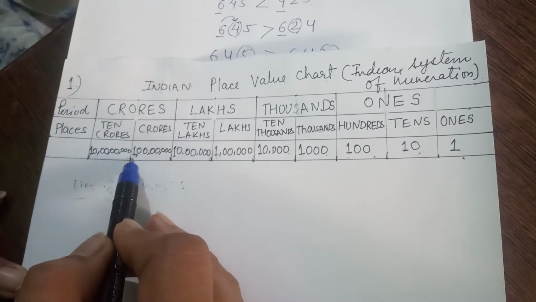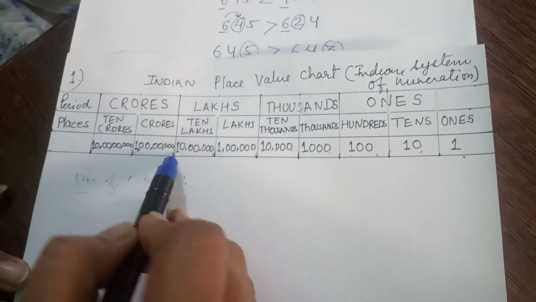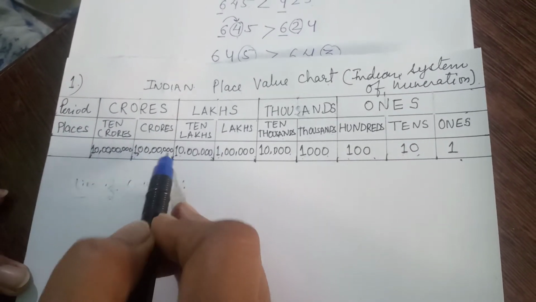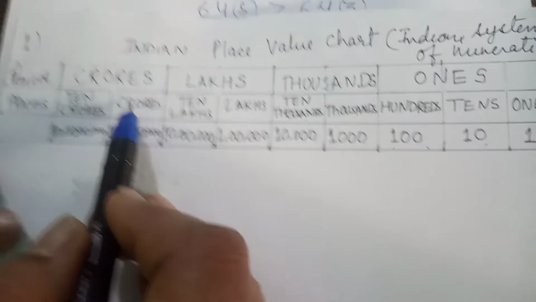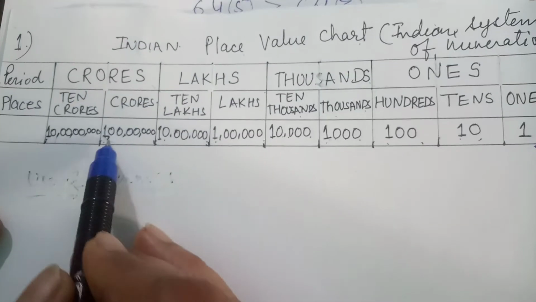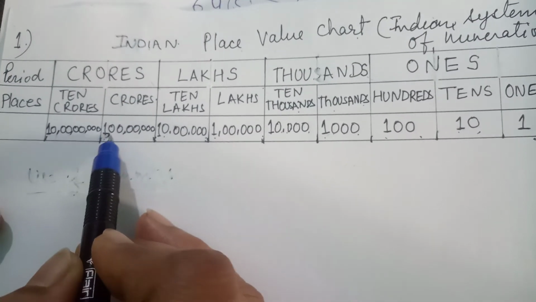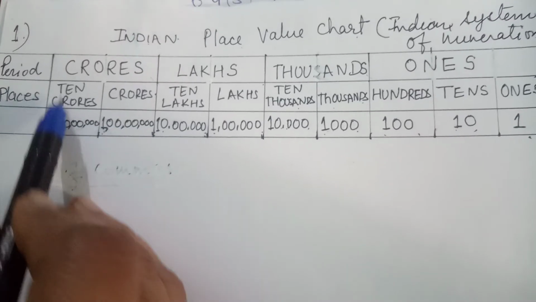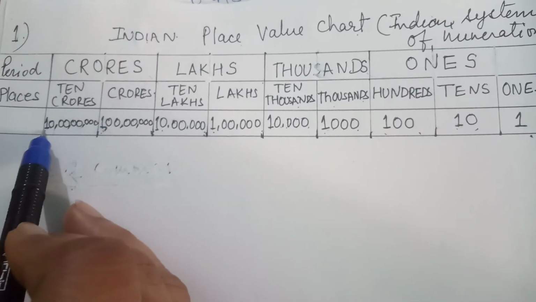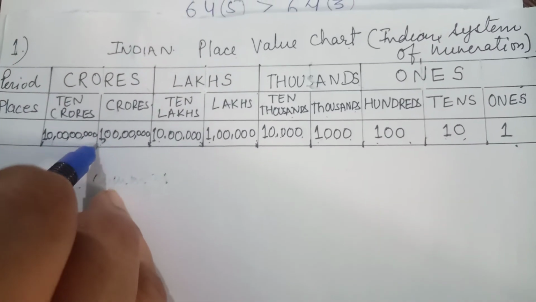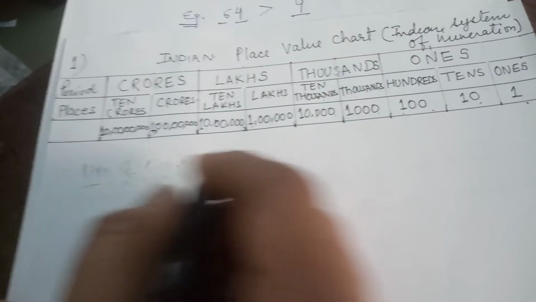Sorry, 1 crore has 1 and 7 zeros. Then 10 crores, 10 and then 7 zeros.